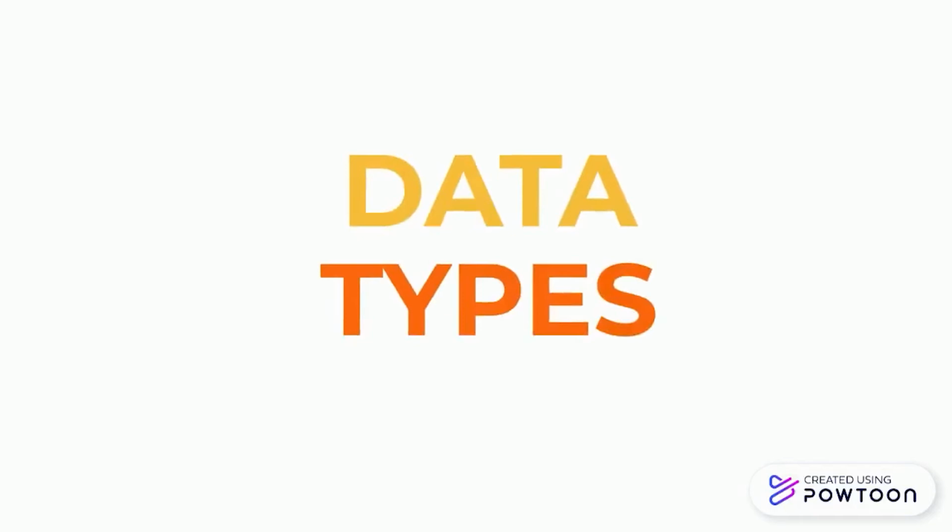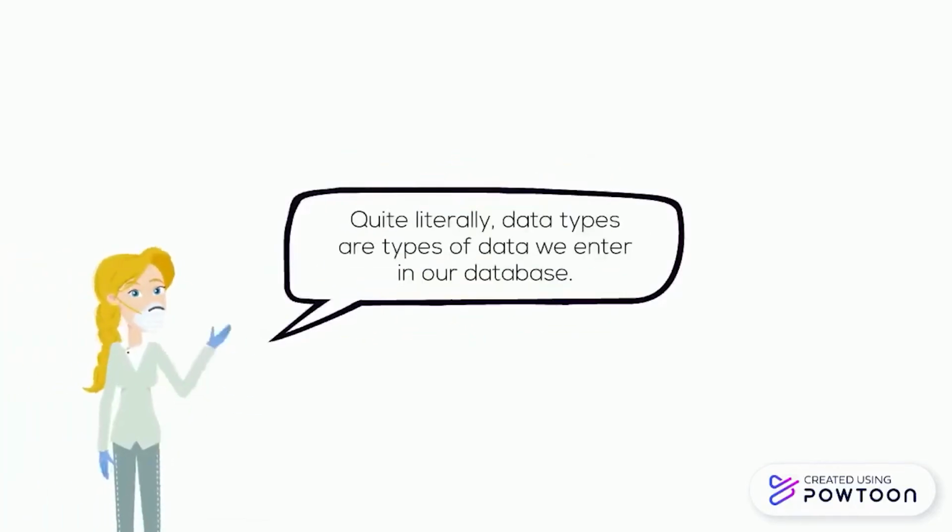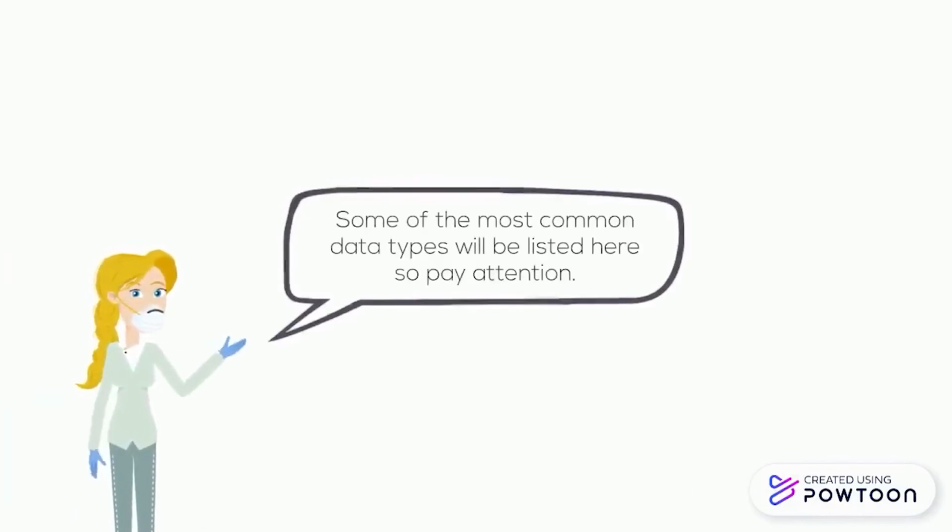Now let's proceed to data types. Quite literally, data types are types of data we enter in our database. Some of the most common data types will be listed here, so pay attention.